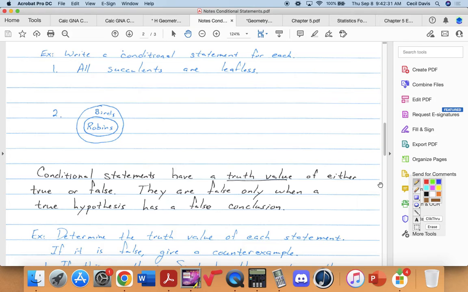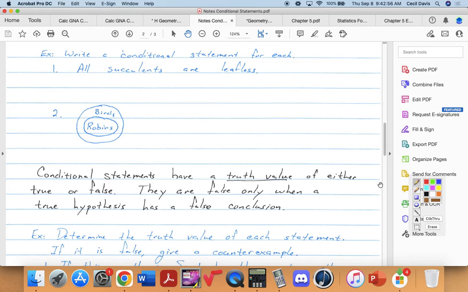So here, we want to write a conditional statement for each of these. By the way, it's not at all important that you know the terms in order to do this. Okay? How many of you know what a succulent is? Yeah, not very many. Okay? A cactus is a type of succulent.